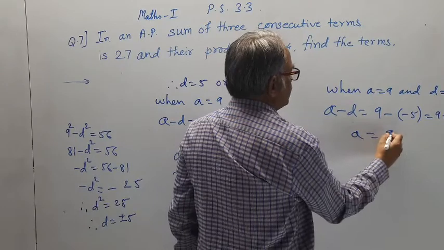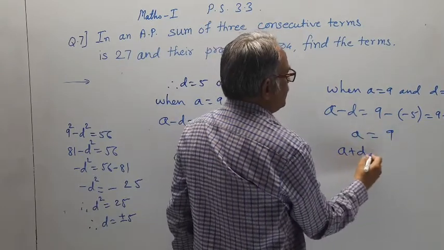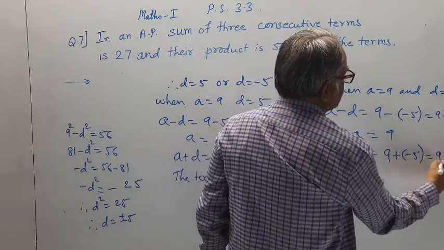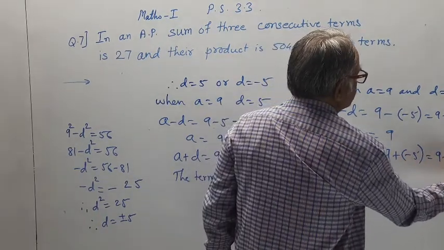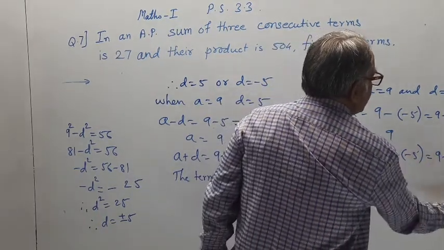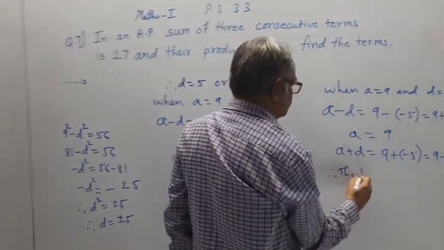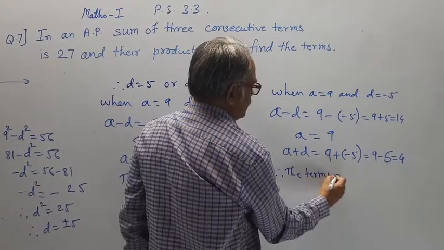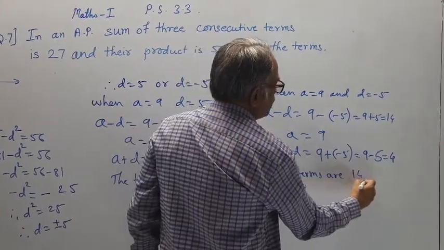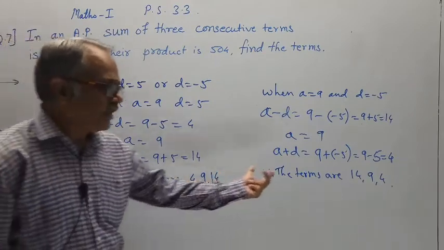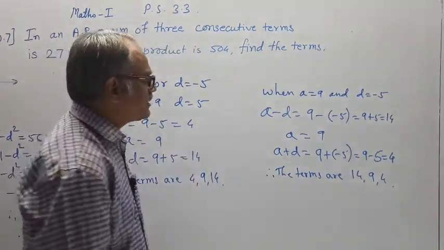A is 9, a plus d is 9 plus minus 5, that is 9 minus 5, that is 4. If you neatly observe, you will get the same answer. Therefore, the terms are 14, 9, 4. First we got 4, 9, 14. Now we got 14, 9, 4. And that is the final answer.